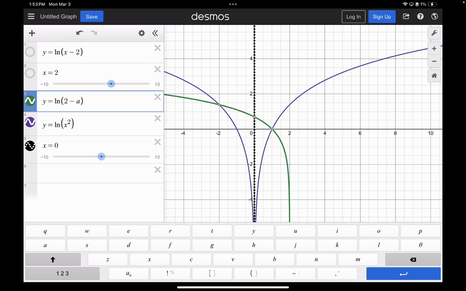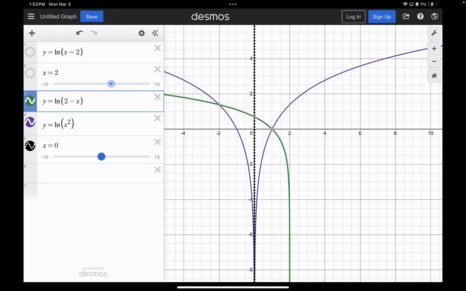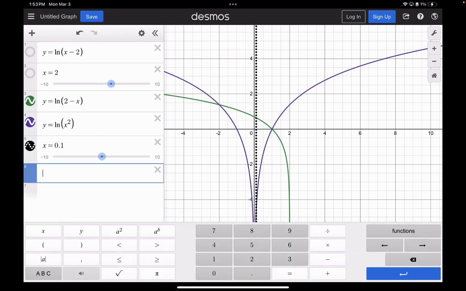Oh, it gave me a slider for x. That's weird. What if I write it again? I'll do f of h.